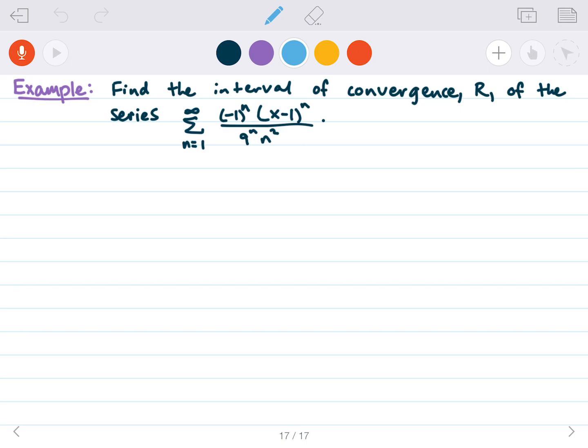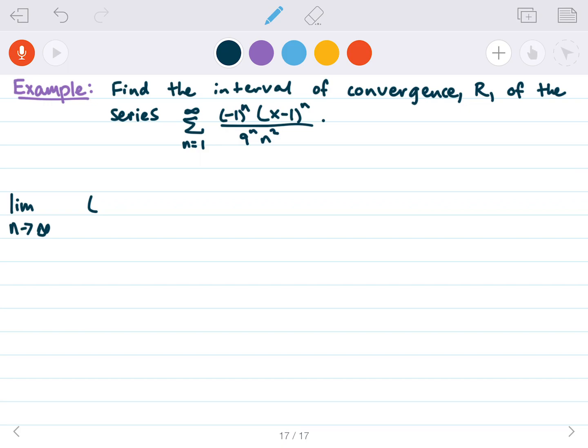Okay, so we're on number 17. First things first, we're going to do our ratio test as per usual. So we're taking the limit as n goes to infinity, and I'm plugging in n plus 1 first into my formula.